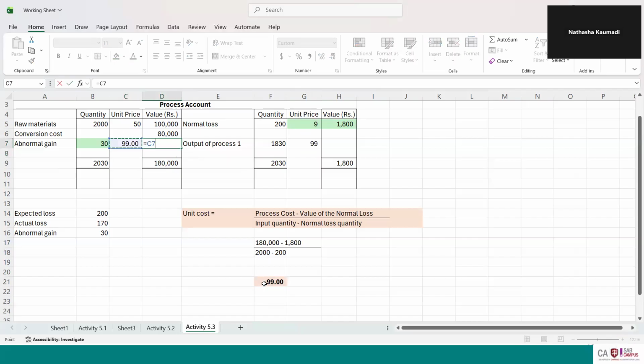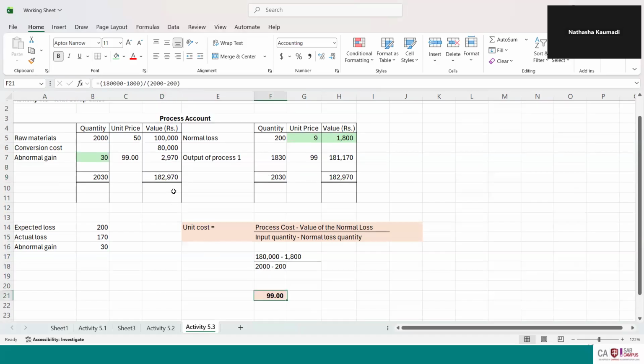We'll see whether the values are tallying. When you are multiplying, values are tallying. 1800, 1800, 182,970, 182,970, right? That's how we tally the value columns as well.